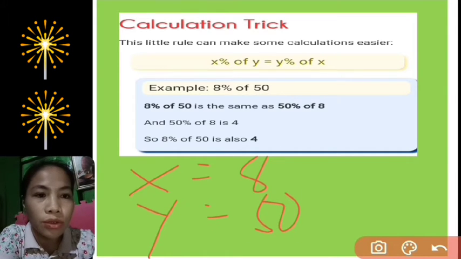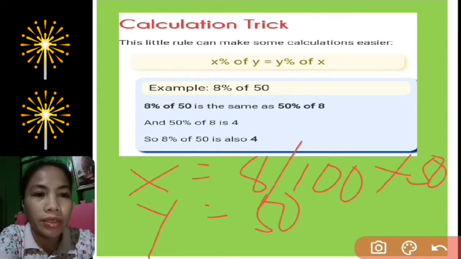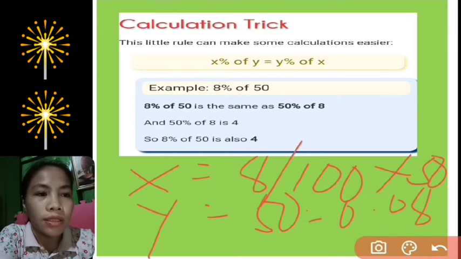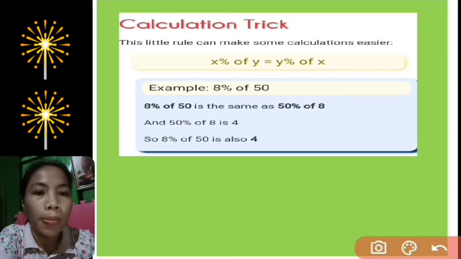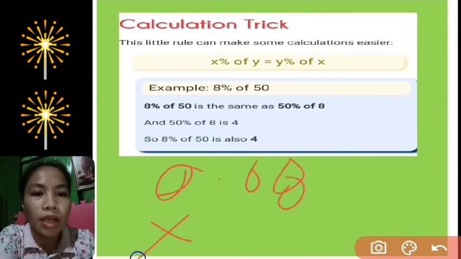To solve this, 8 divided by 100 times 50. 8 divided by 100 is equal to 0.08. So 0.08 times 50 is equal to 4.